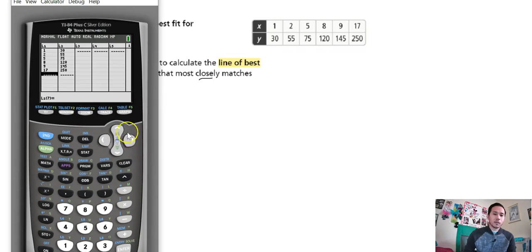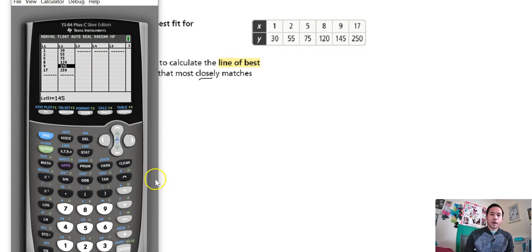Once you are done, I want you to press this arrow key here. It will go to the second line, and just put it there: 30, 55. So 30, enter. 55, enter. 75, enter. 120, enter.